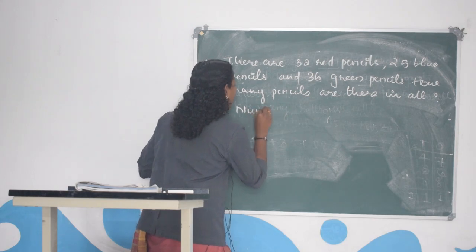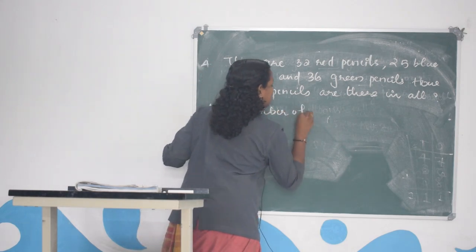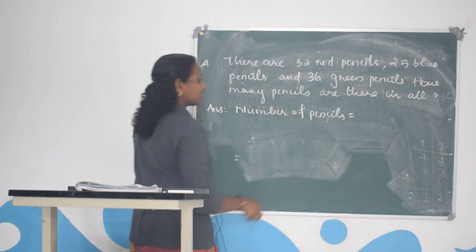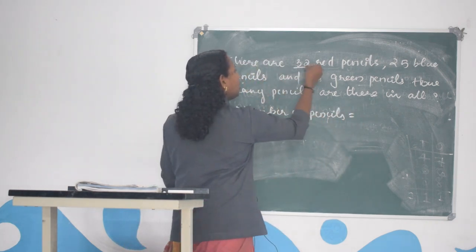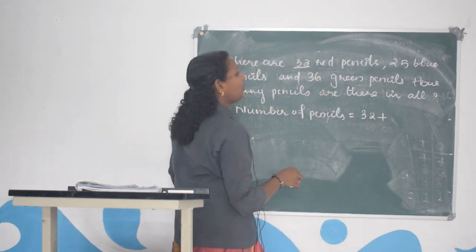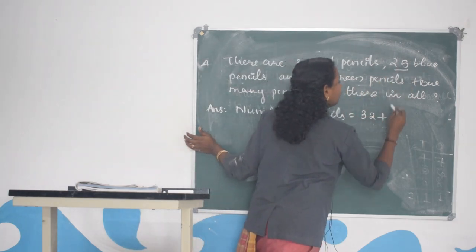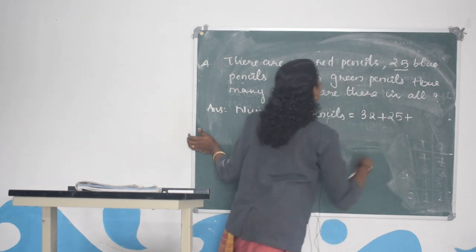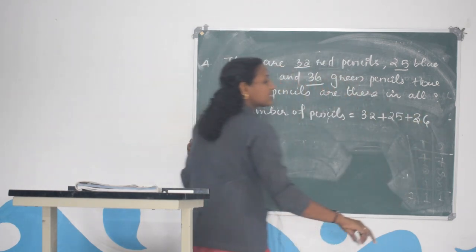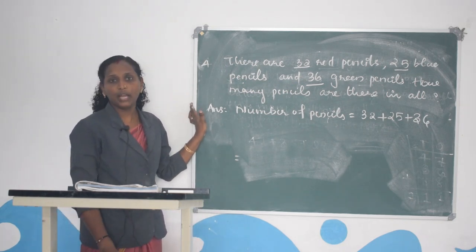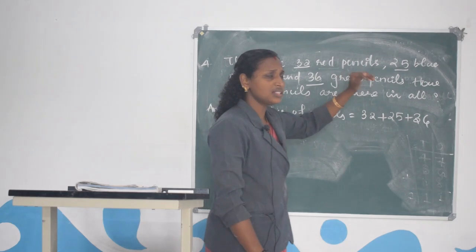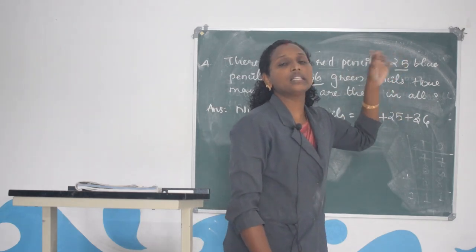The number of pencils is equal to how many red pencils? 32 red pencils. How many blue pencils? 25 blue pencils. How many green pencils? 36 green pencils. That means 32 plus 25 plus 36.